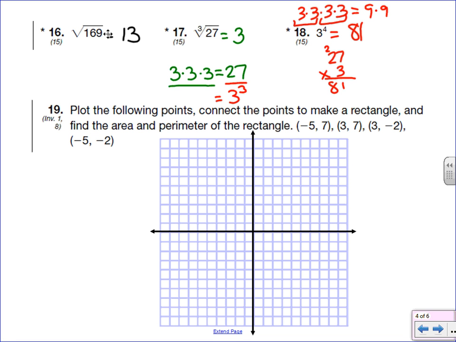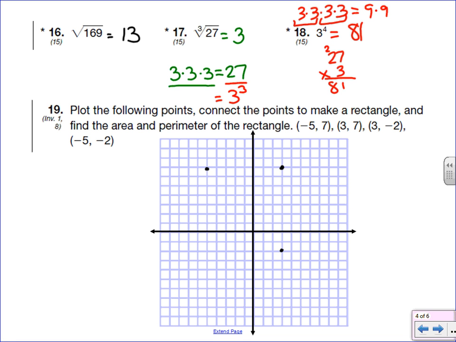Number 19 says plot the following points, connect the points to make a rectangle, and find the area and perimeter of the rectangle. So -5, 7 means backwards to the left 5, 1, 2, 3, 4, 5, and then up 7, 1, 2, 3, 4, 5, 6, 7. 3, 7 means to the right 3 and up 7. 3, -2 means to the right 3, down 2.